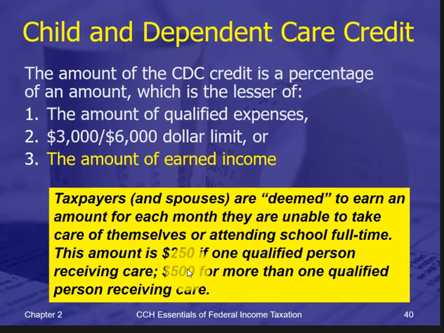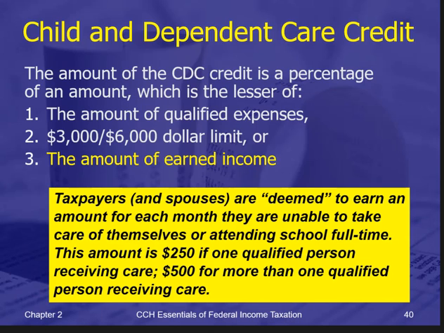It's $250 a month that they're in school, and $500 if there are 2 children being watched. Okay, so this is what's called deemed income. This does not get added to income on the tax return. It's just completely a pretend thing to make sure that those people with full-time students can still use this credit.